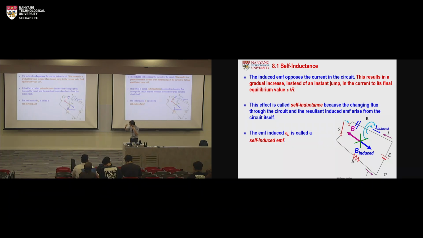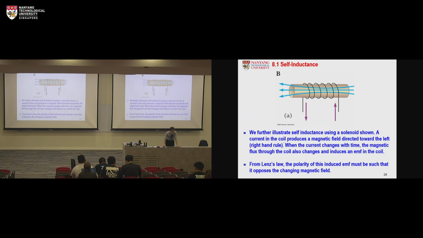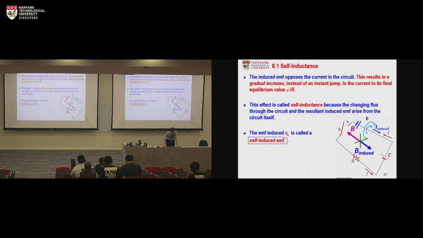The circuit tries to maintain its initial status, and we can quantify this capability with a parameter, the so-called self-induced EMF. Again, the way we quantify it is the same: it is still proportional to d phi B over dt.